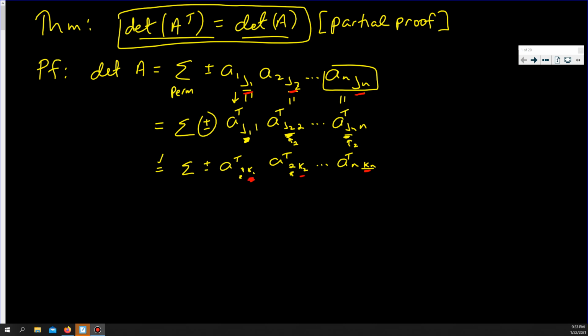When I reorder these, so I have 1 first for the row and 2 second for the row, and then eventually n for the last row, the number of inversions on the K's and the number of inversions on the J's are either exactly the same or they differ by an even number.